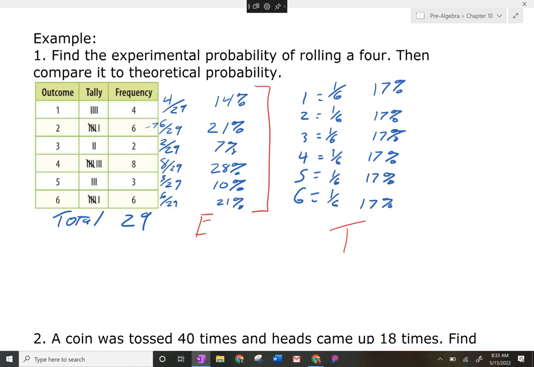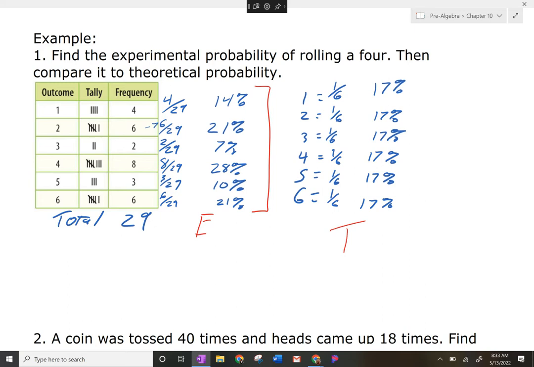For the experimental probability, what did I have? What was my percentage of rolling a 4? Which one was it? So 28. I had a 28% chance in my experiment of rolling a 4. In my theoretical, what did I have? 17.